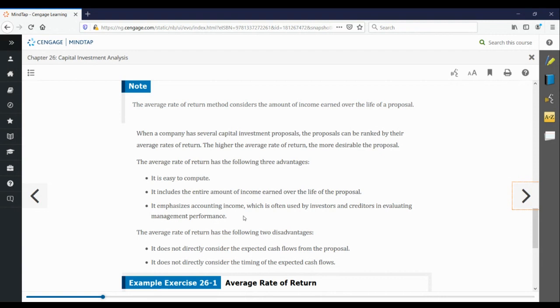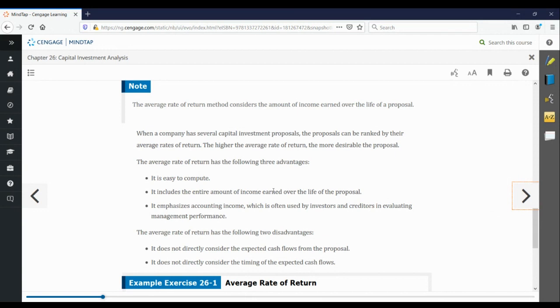Also, it emphasizes accounting income, which is often used by investors and creditors in evaluating management performance. So accounting income would be the estimated amount of income that they think this asset is going to be producing for us over the entire life of the asset.